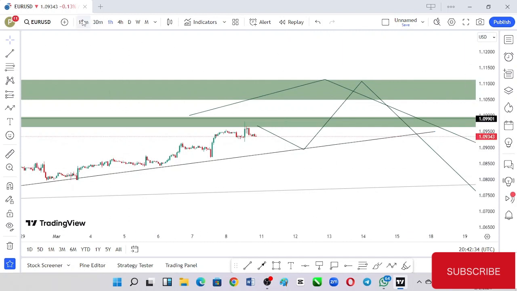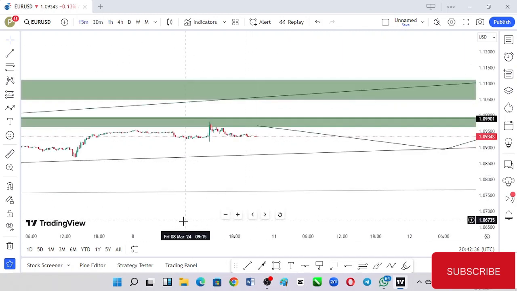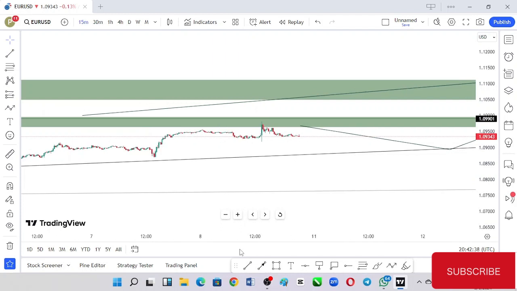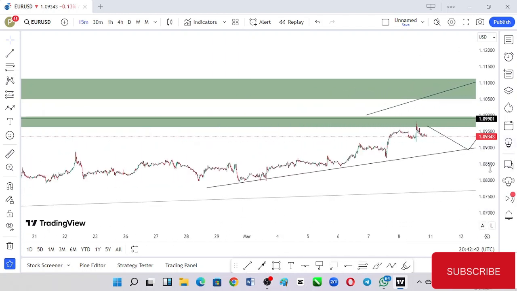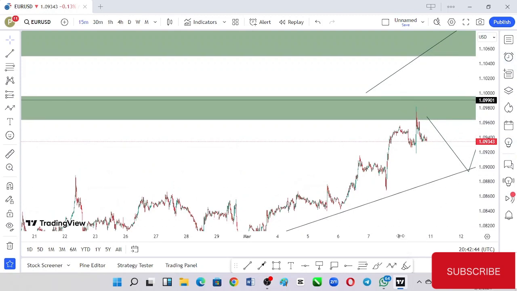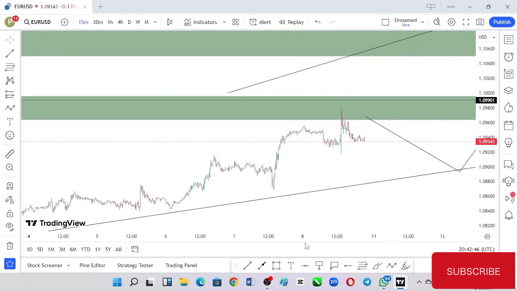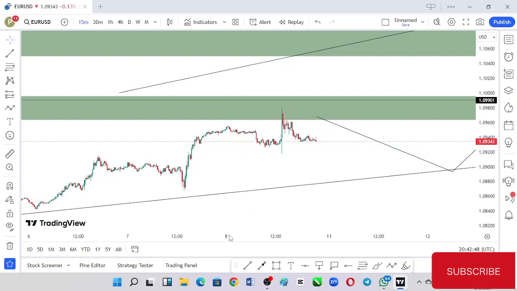Now coming down, let's check 15 minutes, where we most times do our entry from. Now you could see that we can actually have some trading opportunity even before price gives us what we want. Now look at it here. I'm trying to show you guys something.